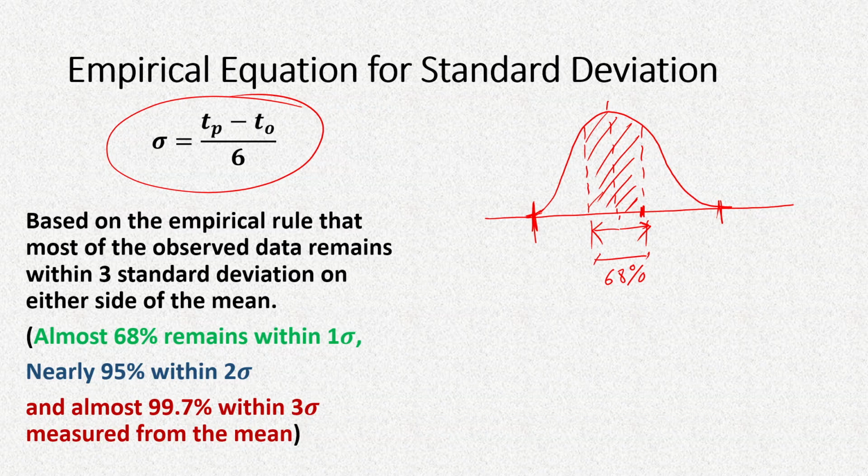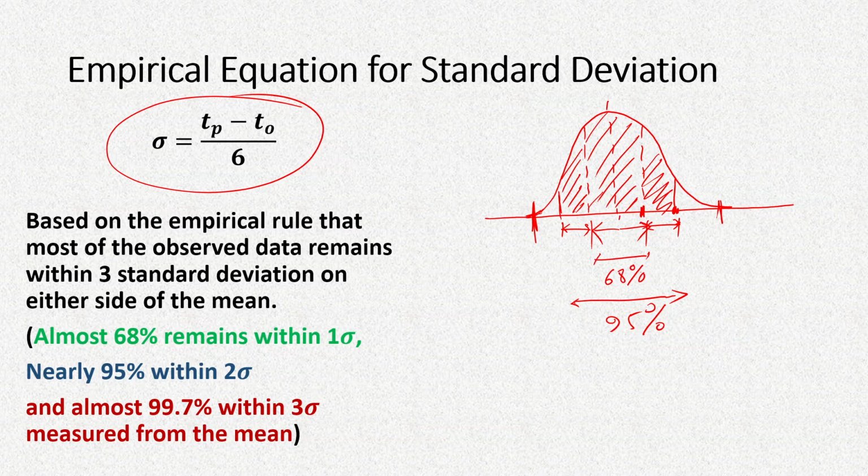Then if we move one more standard deviation here and in this direction, then we will cover some more of the data, and that amounts to 95% of the total observed data.